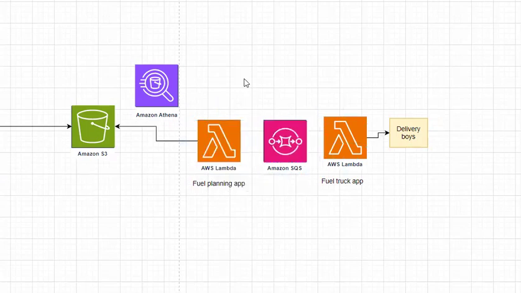So we generate the results from the Lambda function and we put the data inside this SQS queue. Then this SQS queue will provide each and every message to this Lambda function. Whenever this Lambda function is executed, at that moment the SQS queue will send whatever messages it has to the Lambda function, that is the fuel truck app. Only when a message is delivered will it be deleted from here.